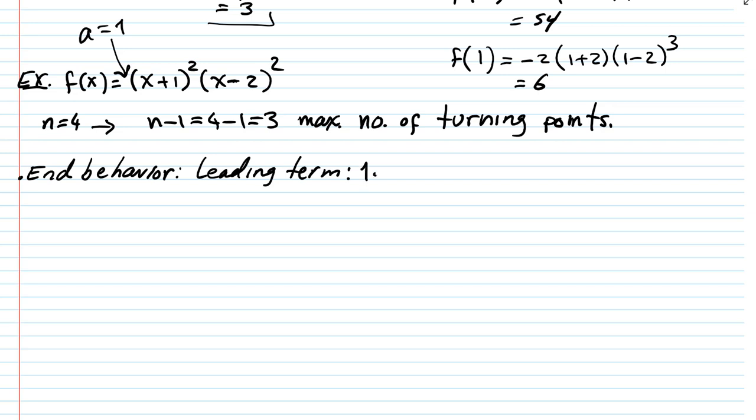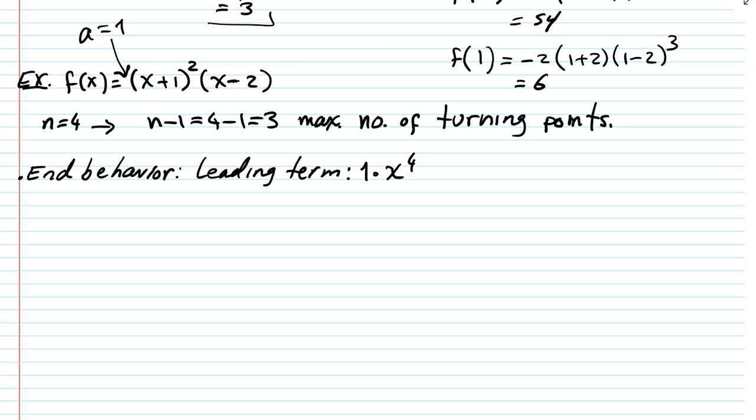So it's going to be 1 times, and you only look at the first term in the first factor with x, and first term in the second factor. That would be x squared, so that's x to the 4th. The leading term of this polynomial is 1x to the 4th, or simply x to the 4th.